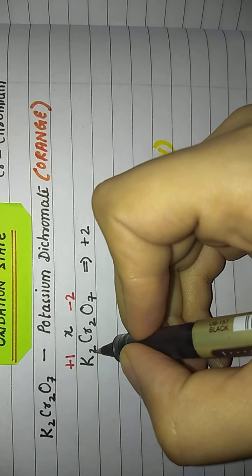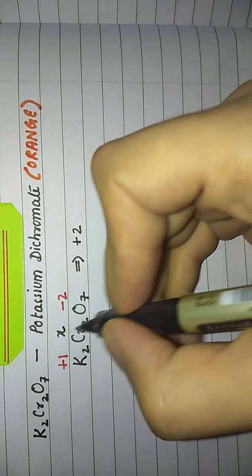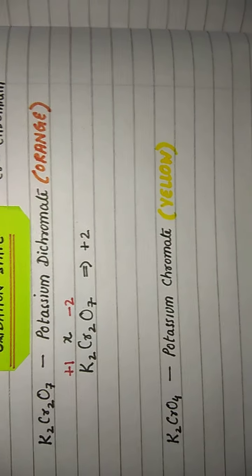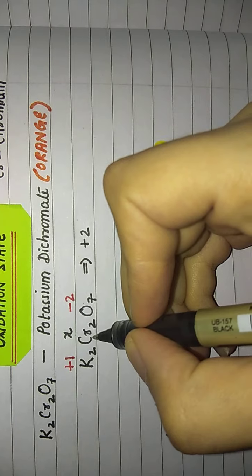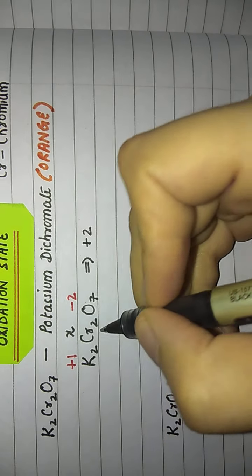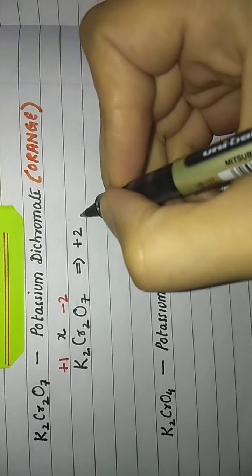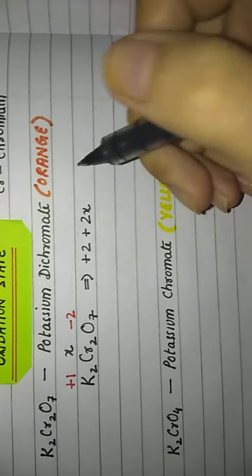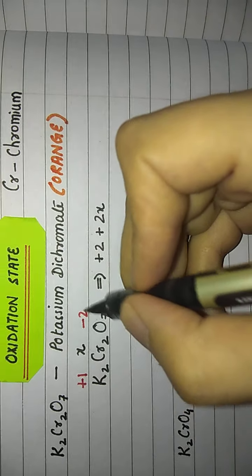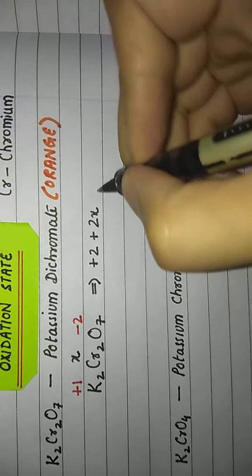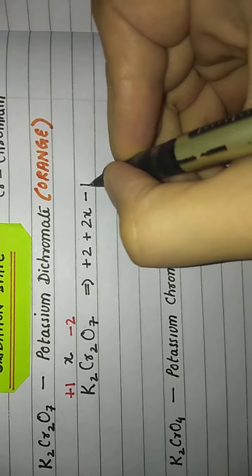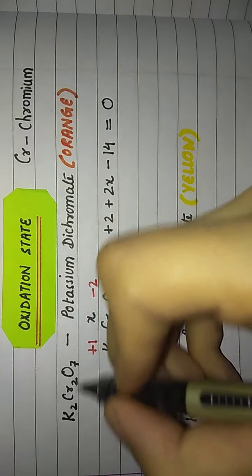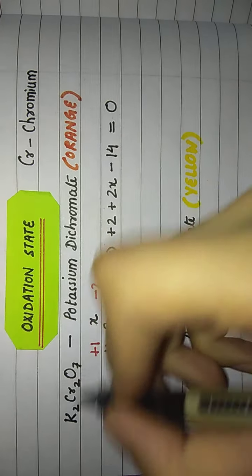Then X into 2, because we have assumed the oxidation state of one chromium atom as X, so for 2 chromium atoms it will be 2X. For 1 oxygen atom it is -2, so for 7 oxygen atoms it will be -14, 2 into 7, 14, and a net charge of 0, because this is again an electrically neutral compound. There is no charge present over it.